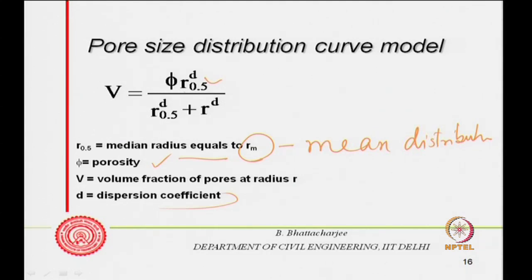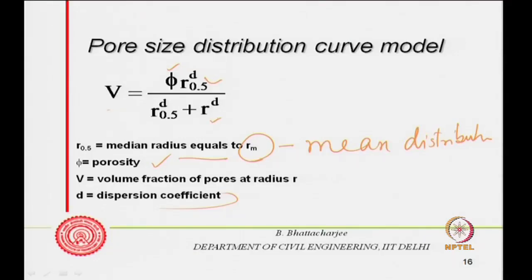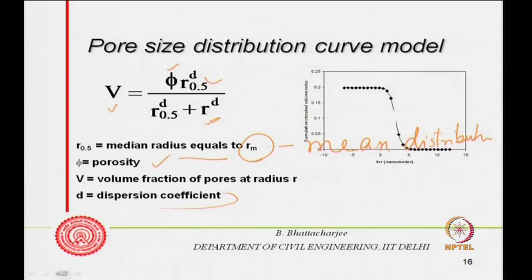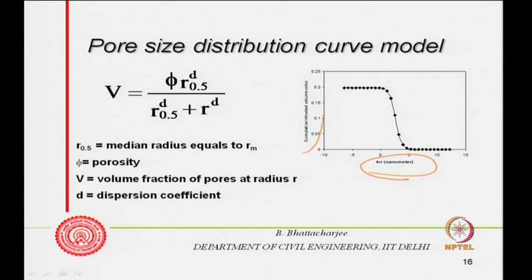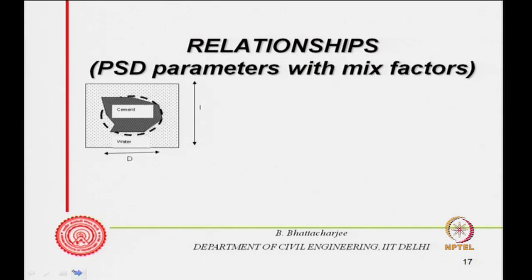All I am trying to point out is that there can be a relationship between cumulative porosity and R, and from this you can obtain a curve of ln R versus cumulative porosity.